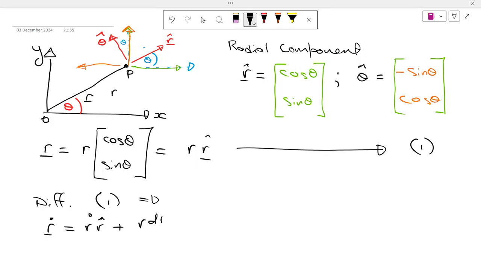So dr hat by dt. And we've got to try and simplify this expression. So let's call this equation 2.